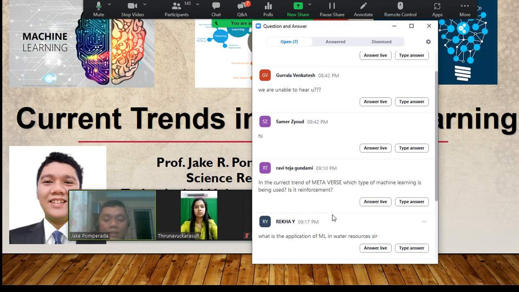Another question here: what is the application of machine learning in water resources? Well, in water resources, maybe we are dealing here with forecasting.